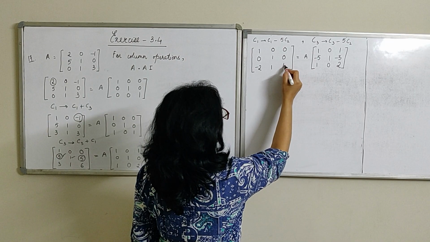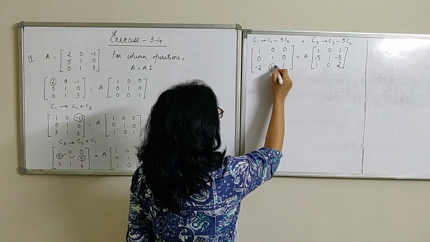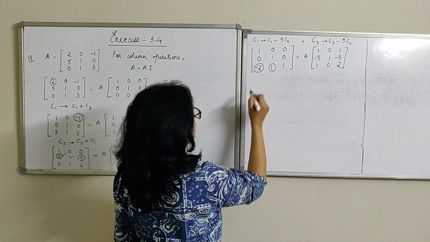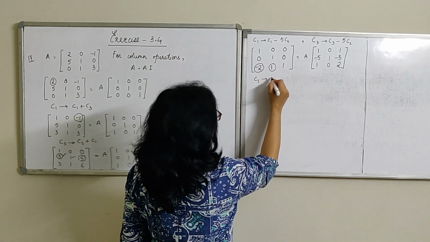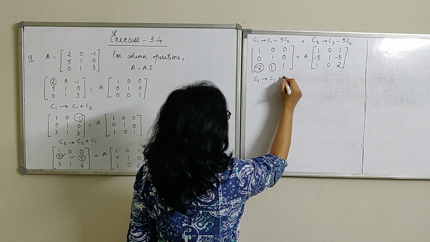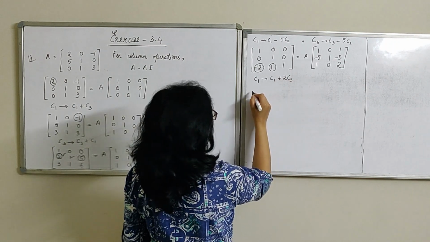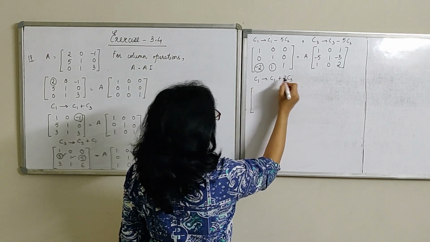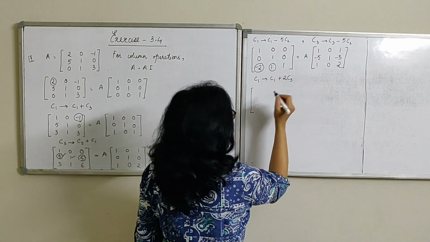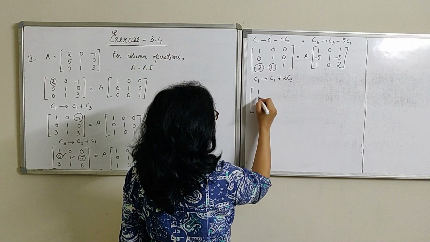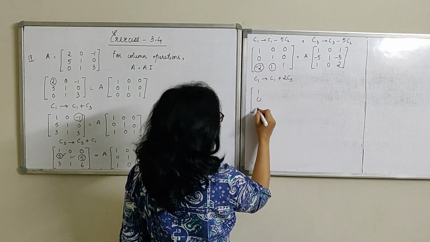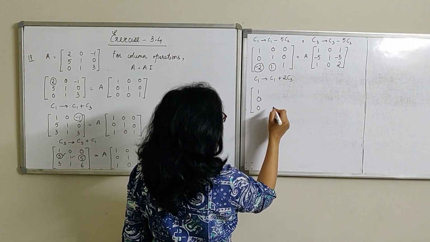In the third row, this 1 is already here, so we need to convert this and this into zeros. So I'll start from here. This element is in first column, so first column plus twice of third column is minus 2 plus 2 times this will give us 0. So the first column, this plus twice 0, this plus twice 0, this plus twice 0. First column obtained.